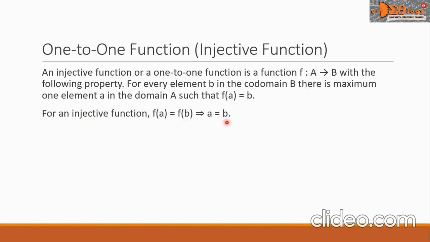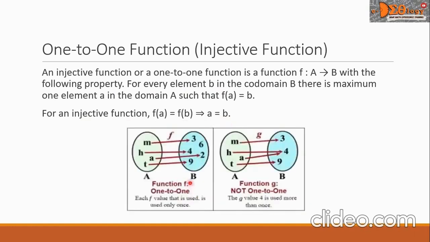Let us have some illustrations. I have here two functions. Let's see function f. This is group A and this is group B. This function is one-to-one because each f value is used only once. It means each used element in group B is used once only.